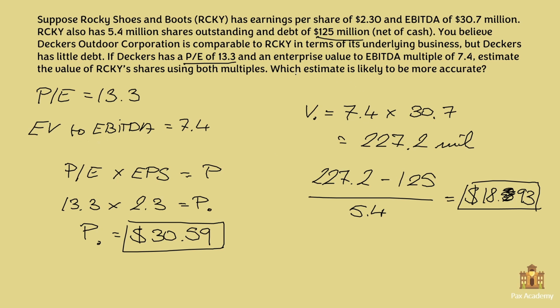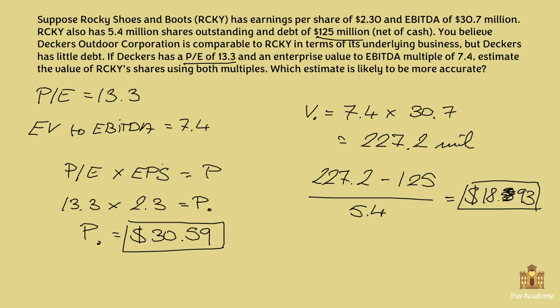Now, it says which estimate is likely to be more accurate. So what do you think? Remember, in the question, it says that Rocky Shoes and Boots has debt of 125 million. On the other hand, it says Deckers has little debt, which means it has nearly zero debt.